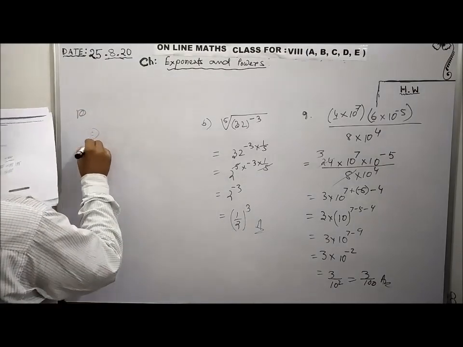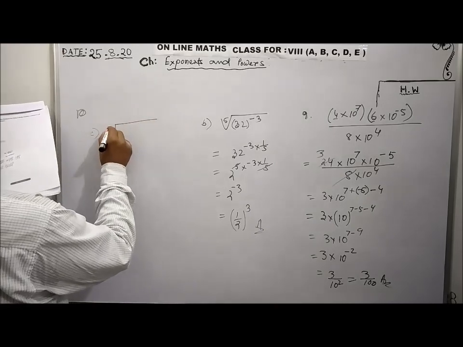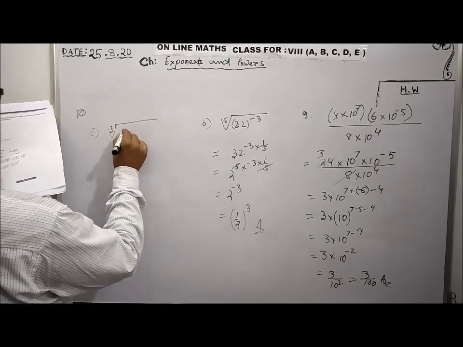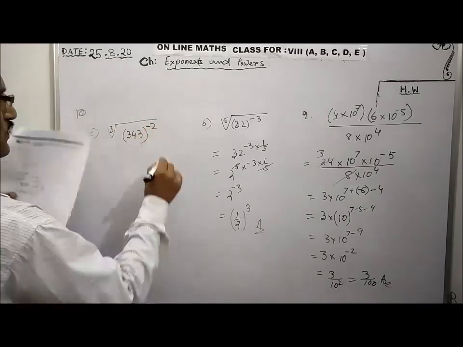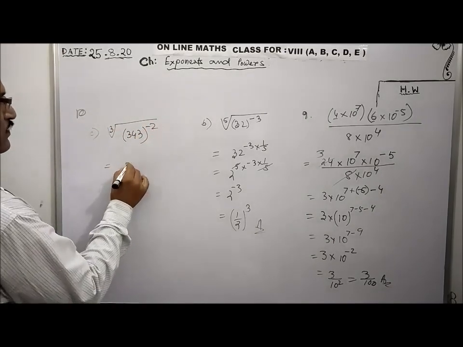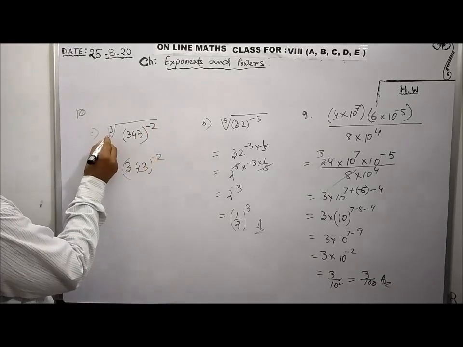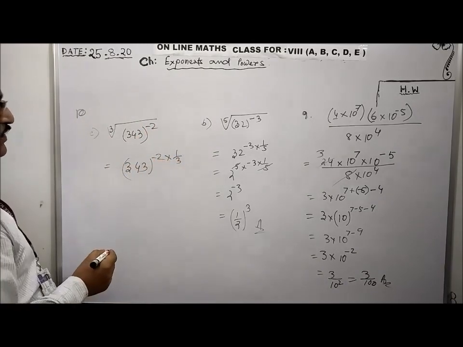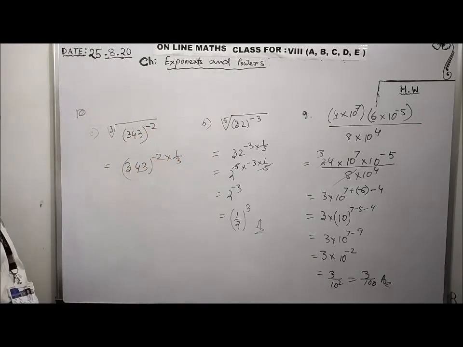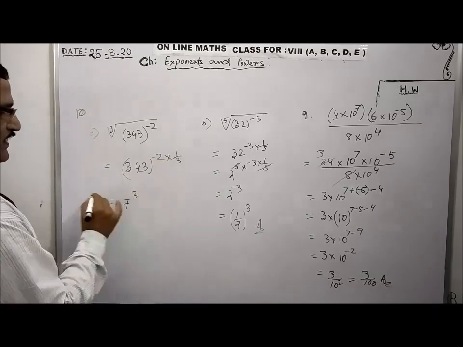Now question C. Cube root of 343 raised to minus 2. So I can write 343 raised to minus 2. What is the order? Cube root, multiplied by 1 by 3. Okay. Now 343 you have to show in power form. How can I write it down? 7 raised to 3.